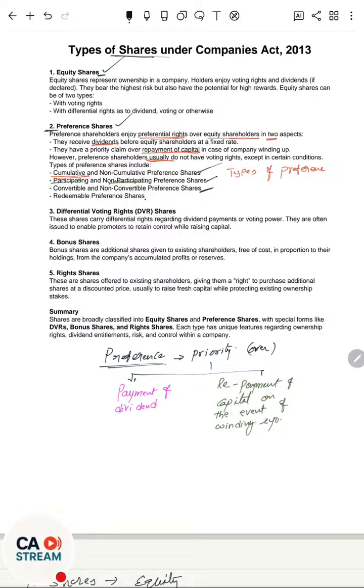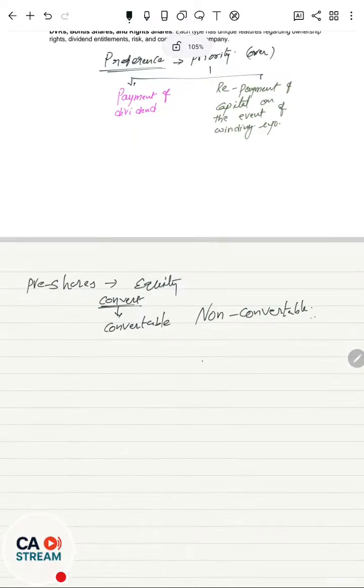And redeemable and non-redeemable preferential shares, or irredeemable preferential shares, sir. But this concept has faded out. Why? Because now companies are not allowed to issue non-redeemable preferential shares. The preferential shares now must be redeemable. What do you mean by redeemable preferential shares? Say, for example, a preferential shareholder invested 100 rupees.